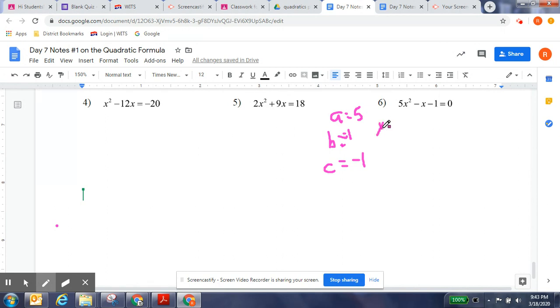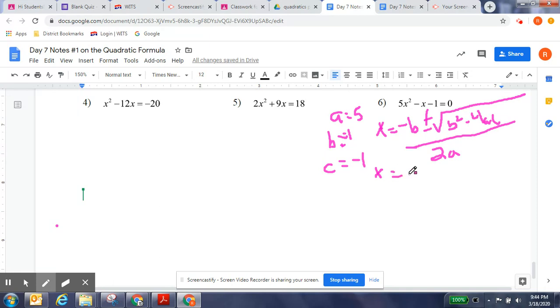So x equals -b plus or minus the square root of b squared minus 4ac all over 2a. I'm going to try to get a touch screen so that this is better for you tomorrow.